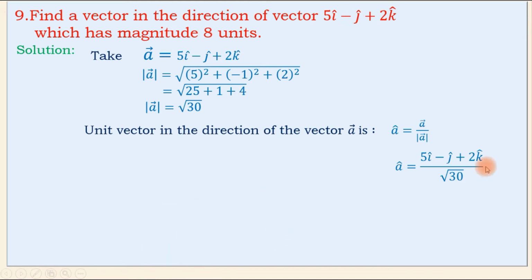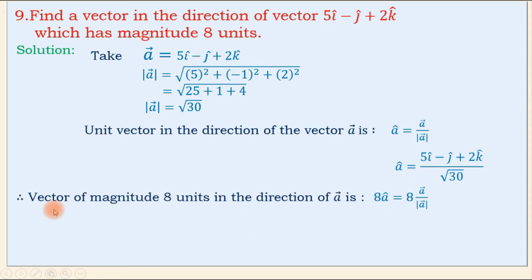That is, this unit vector multiplied by 8 gives vector of magnitude 8 units. That is, 8 A cap equals 8 into A vector divided by magnitude of A vector, that is 8 into 5 i cap minus j cap plus 2 k cap divided by root 30.